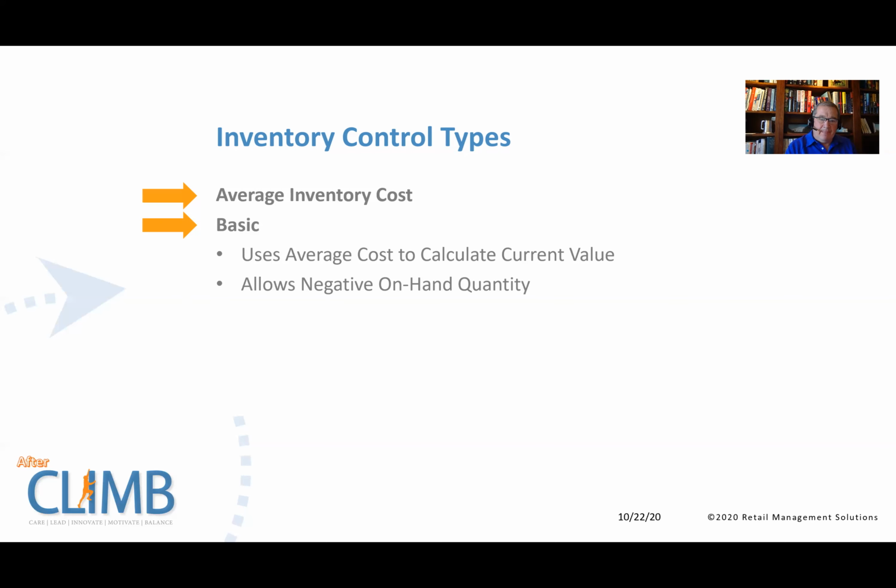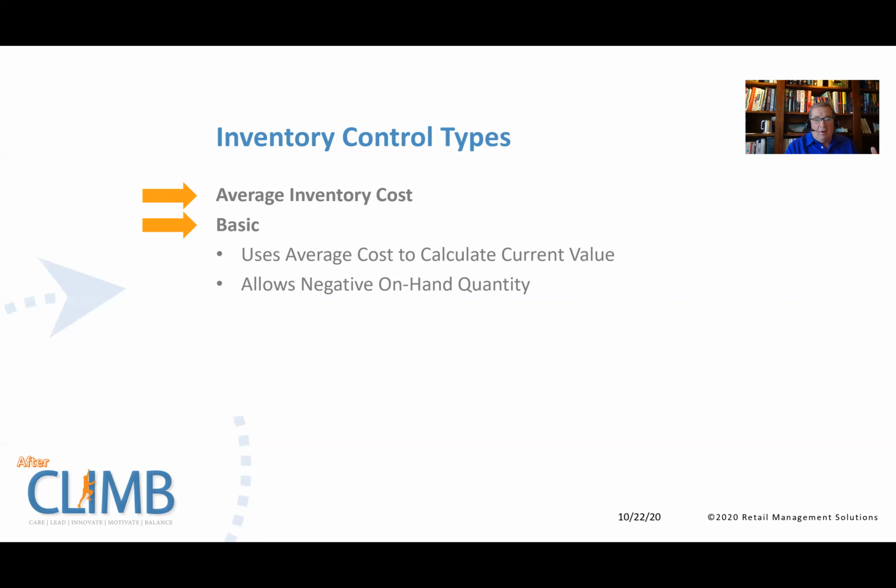So at the end of the day, if that item has gone negative, the recorded value for that item is whatever that negative amount is. If the cost of the item is $3 and you have a -1, it's going to show the inventory value for that day was -3.